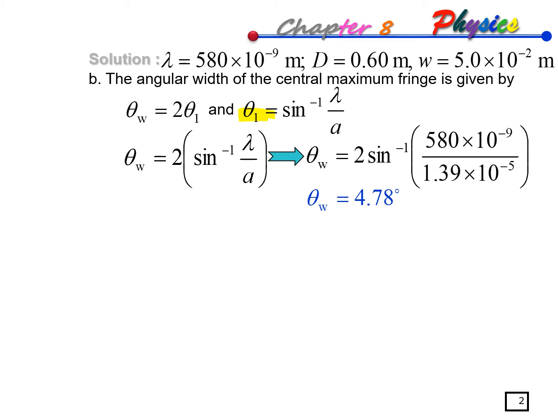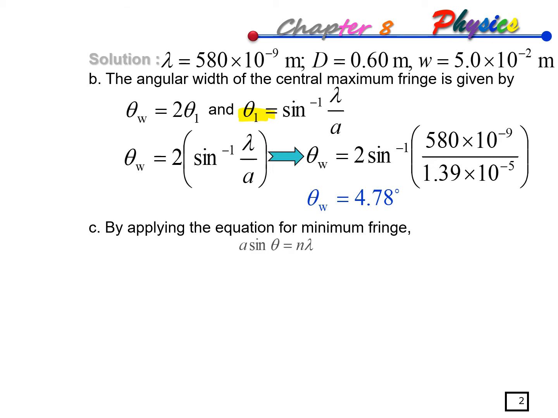And then C. They wanted to determine the number of minima that can be observed on the screen. For problem solving, we look into the equation first.